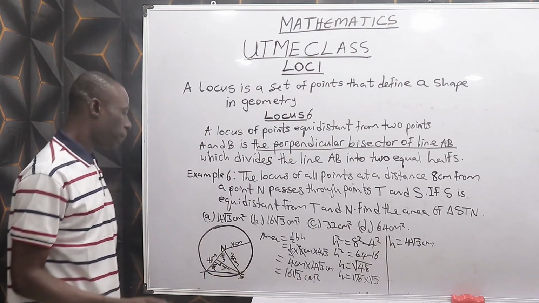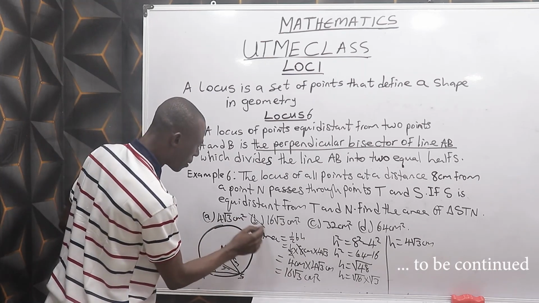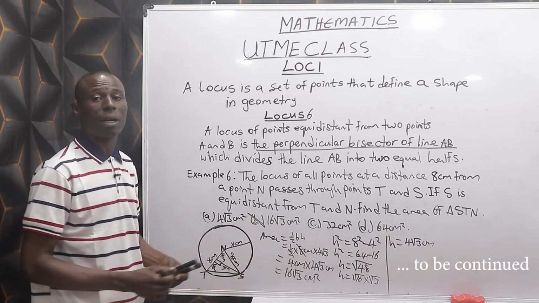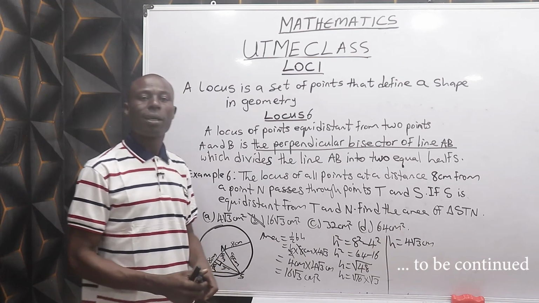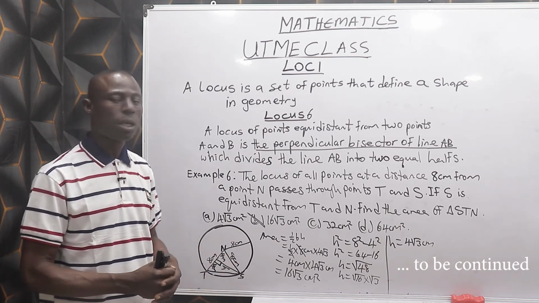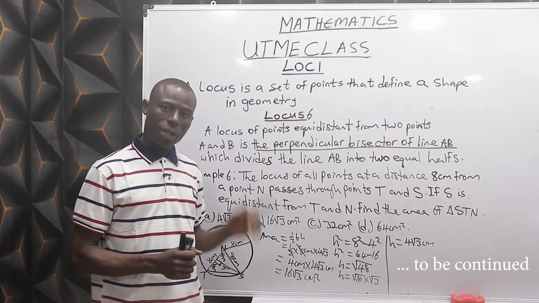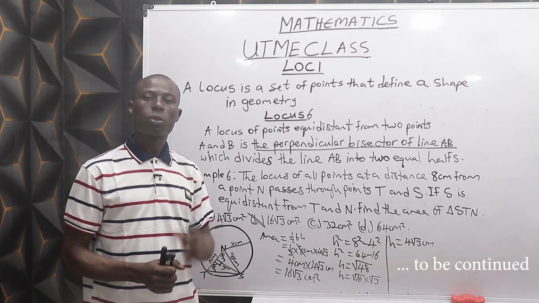And that is the answer. That tallies with option B. It is a more technical question, but you can master it. And that is where we are drawing the curtain on loci. After this, we move straight to calculus.